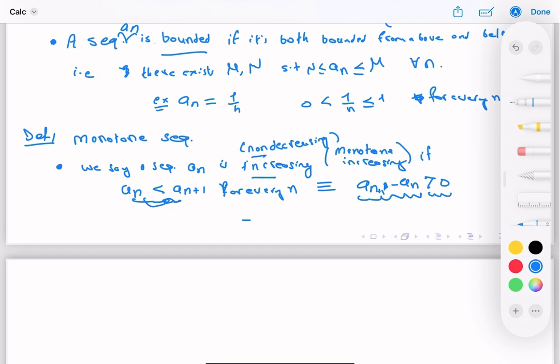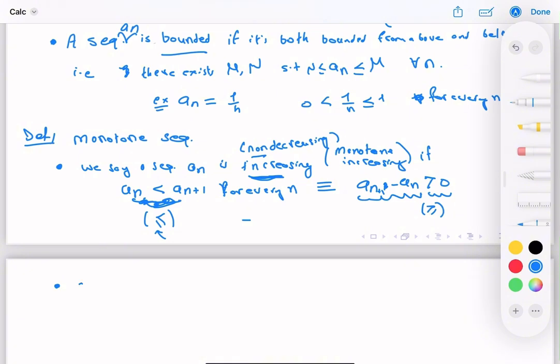You say a sequence is non-decreasing if the same thing happens, except instead of the strict less than sign, you have the less than or equal sign. So a non-decreasing sequence is when you allow repetition among the elements of the sequence, and increasing, or strictly increasing, means you don't allow repetition.